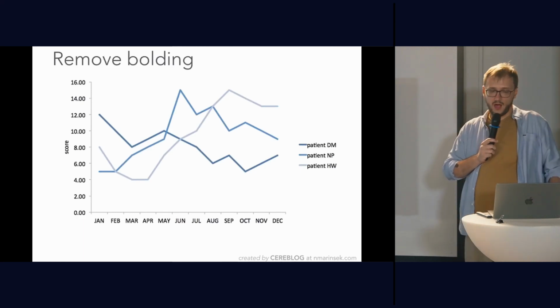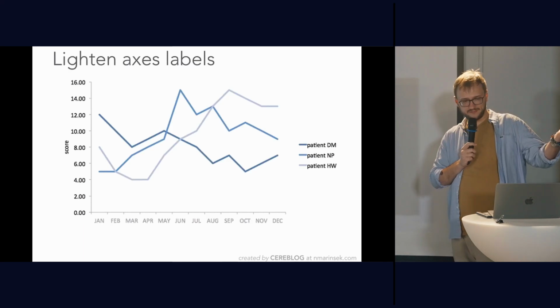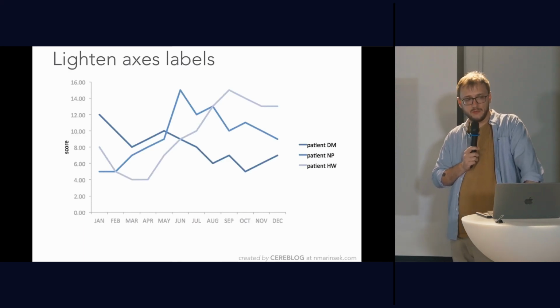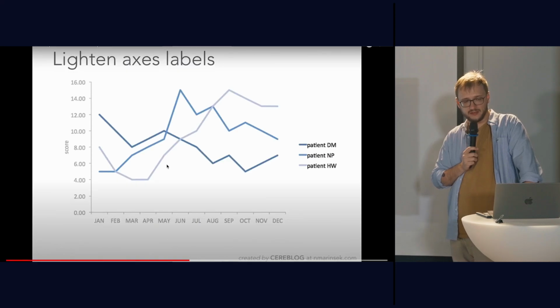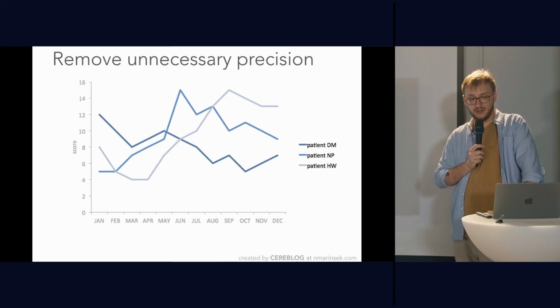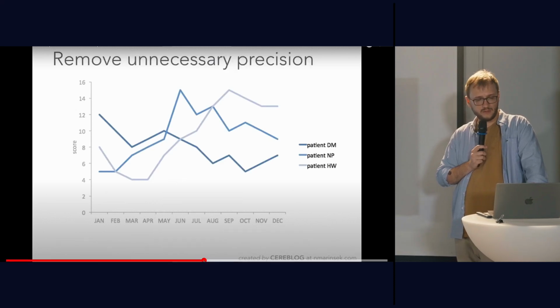Next, we can remove anything with bolding. We can also make our axis and labels really light, and remove non-valuable precision.